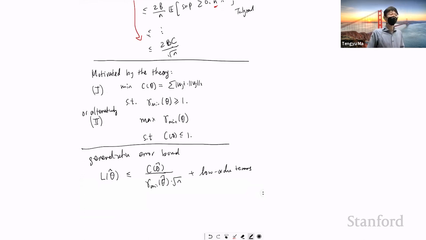This is using the general machinery that we had, right? So you have 1 over square root n. This part corresponds to the Rademacher complexity of H, and this is the margin. So that's what we got from the margin theory.